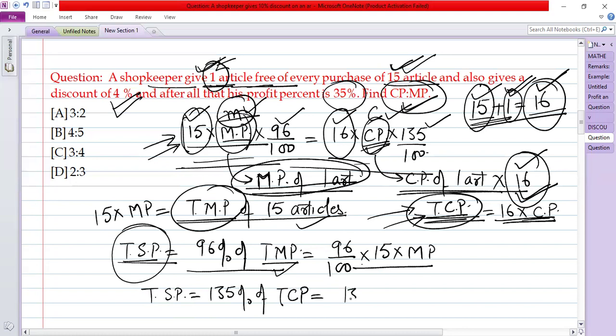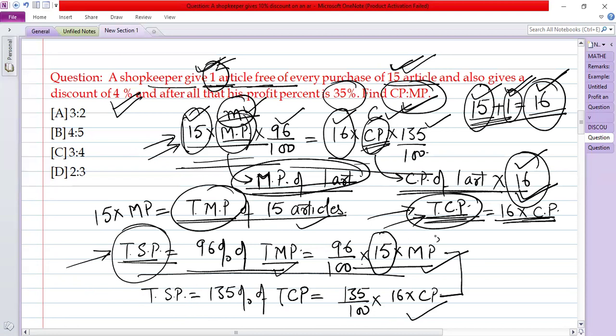So this is 135 by 100 into 16 into CP. Even this is the total selling price, so we can equate them. The top one is the total selling price of 15 articles after the discount, and the below one is the total selling price of 16 articles after the profit of 35%.